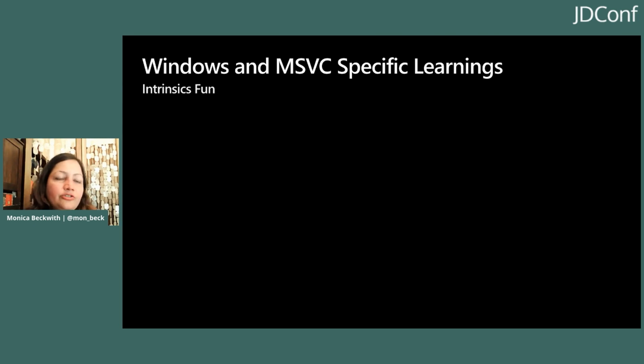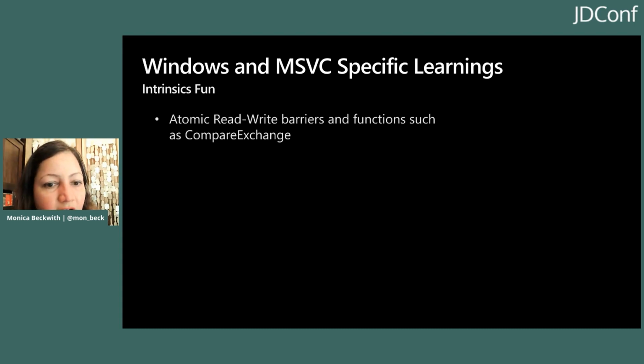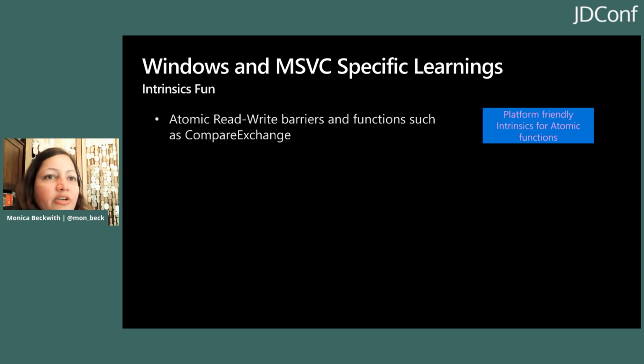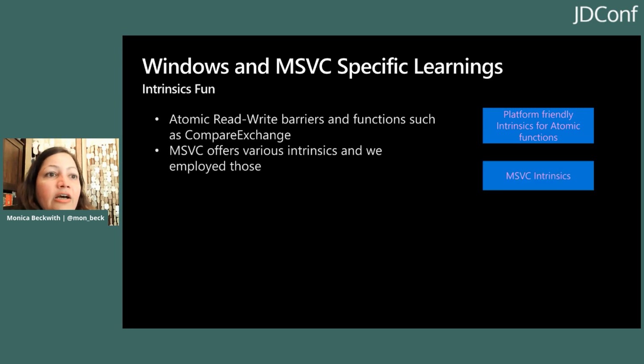And let's go into MSVC level details. MSVC provides a lot of intrinsics that we could use. I already mentioned the standard atomic intrinsics that we used for read-write barriers. Those standard atomics use MSVC intrinsics underneath, so of course we wanted to make use of that.